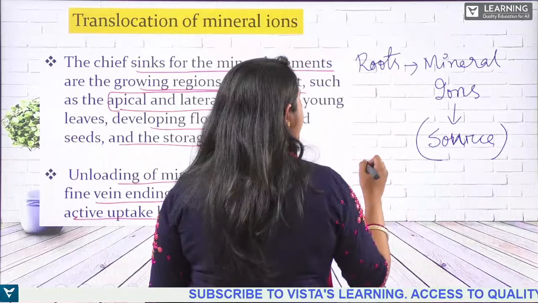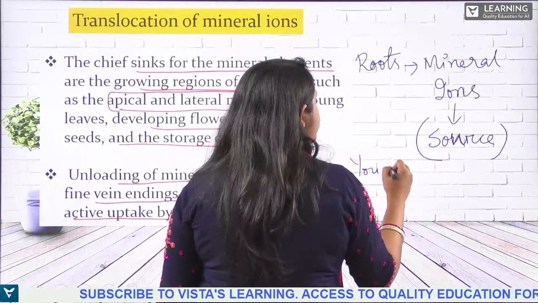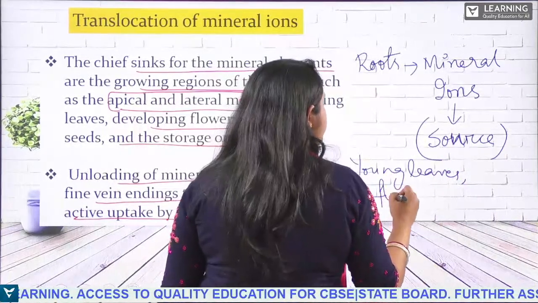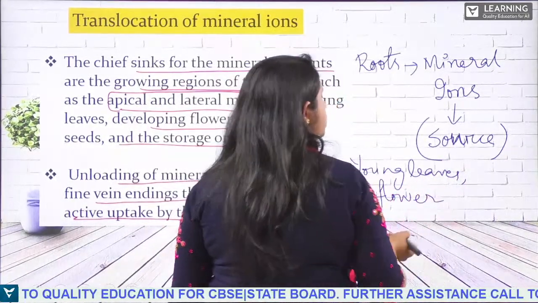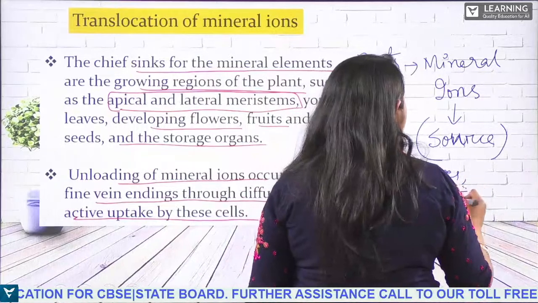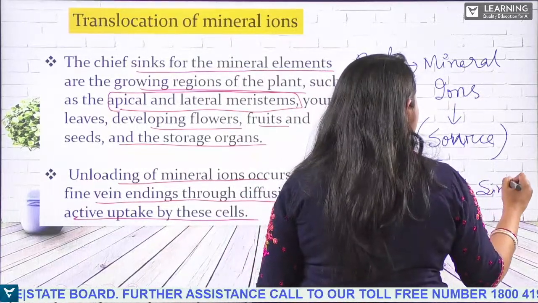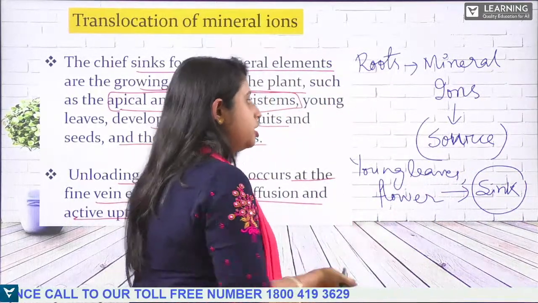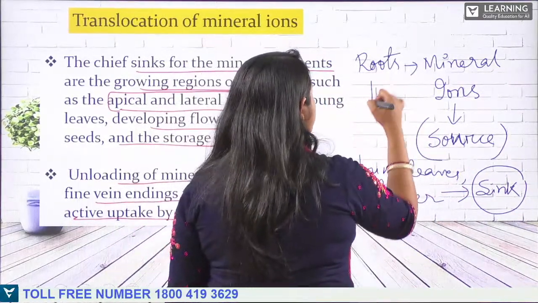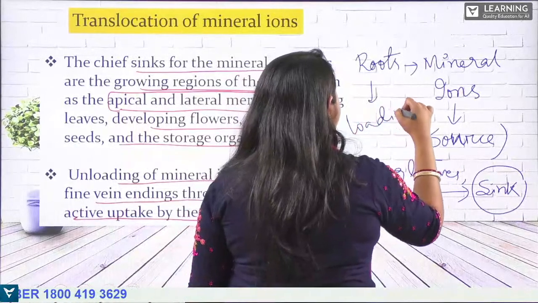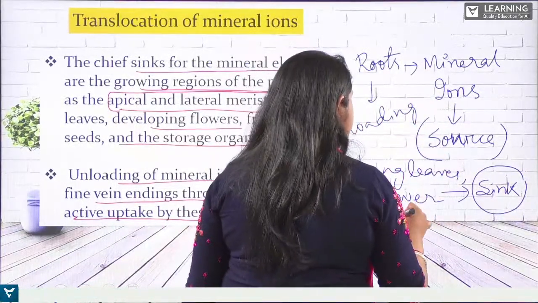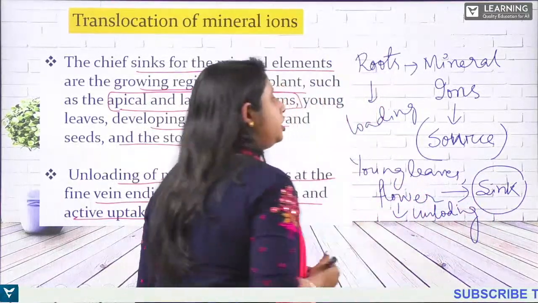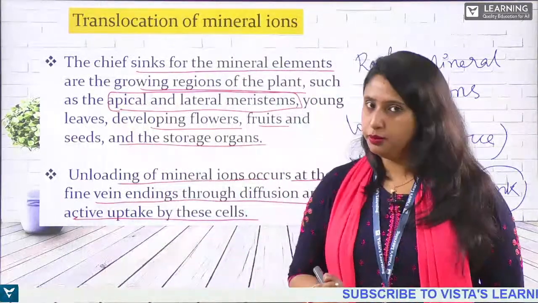And the young leaves and the flowers where the minerals need to be transported are known as the sink, right? Yes. So what happens in the roots? From the roots, loading takes place, and here the unloading takes place in case of the xylem, right?